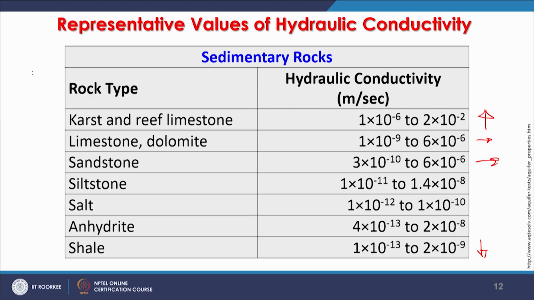It is difficult to predict where water will be available, though a lot of water is there, and the water moves very fast in karst and limestone. Finding and exploiting water is challenging there, whereas in the case of sandstone and siltstone it is much easier.